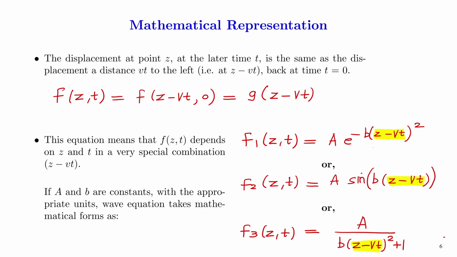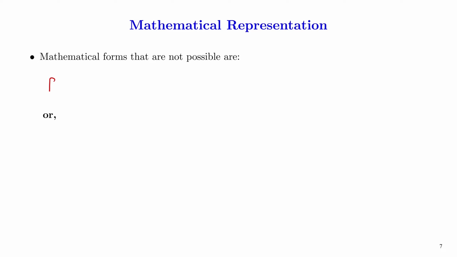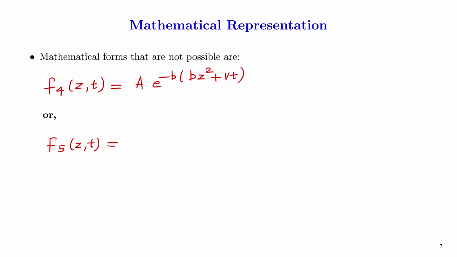Now let us consider equations that are mathematically not possible for wave propagation. An equation of the form f4(z, t) equal to a e raised to minus b (z squared plus vt), or f5(z, t) equal to a sine bz and then cos (bvt) cubed.